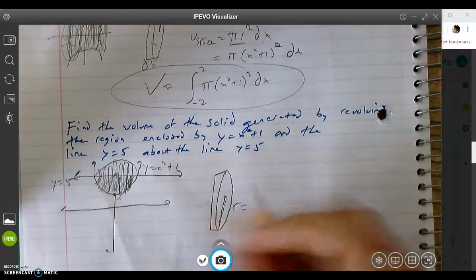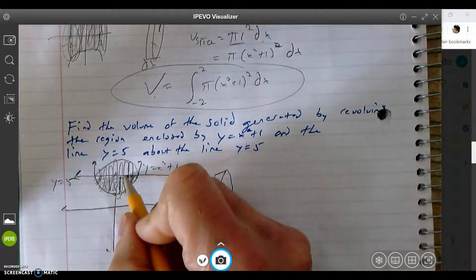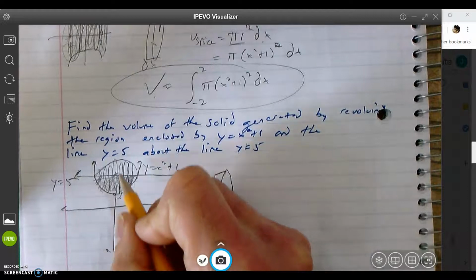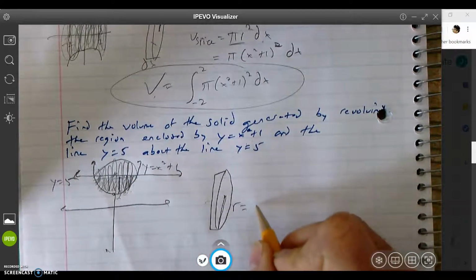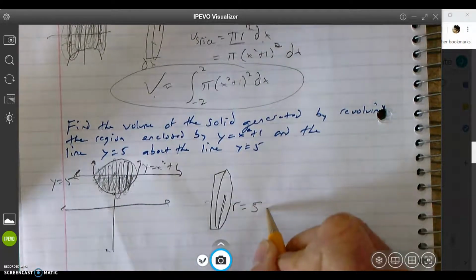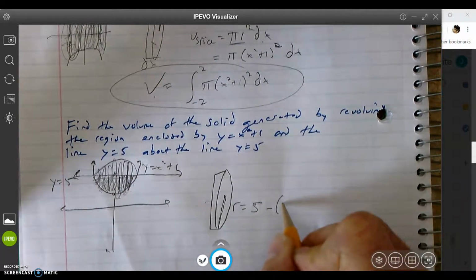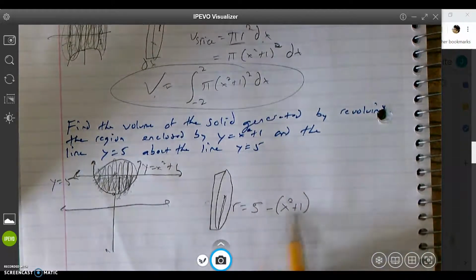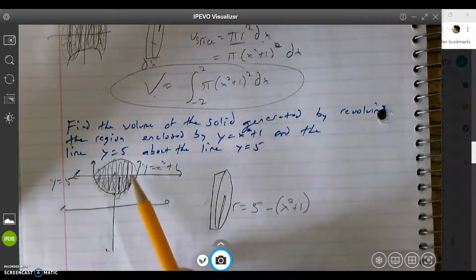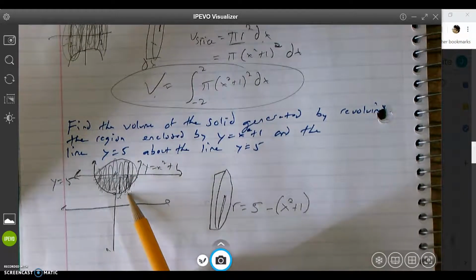So in this case, the radius is top minus bottom. The top is 5 minus, parentheses, x squared plus 1. Bam. So that's your radius right here, because that is the area that's being rotated, top minus bottom.